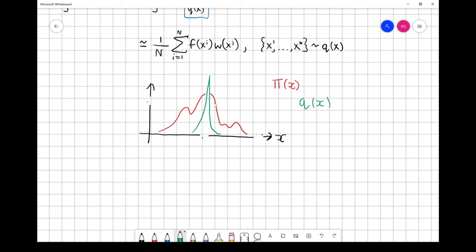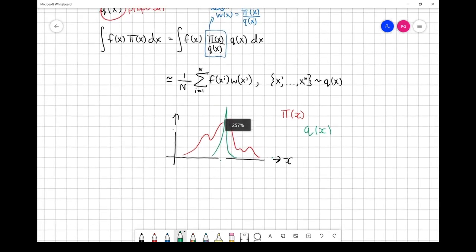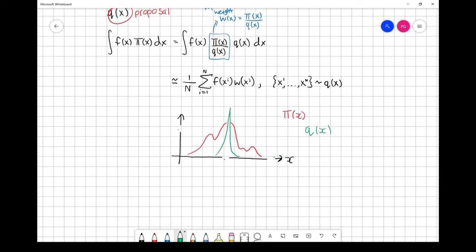If you have a proposal whose support is too narrow, then it'd be very improbable that you can get samples across all of the important regions of the target distribution. So intuitively, it should be obvious that the choice of proposal is going to have a dramatic effect on the efficiency of your algorithm, i.e. the number of samples that you need to realize an accurate approximation of this integral using this Monte Carlo approach.